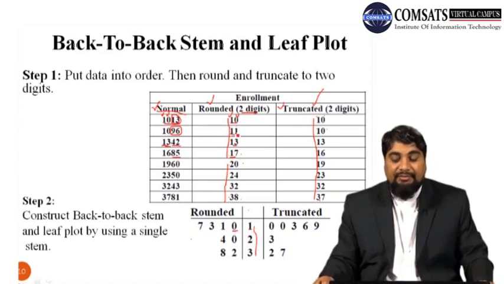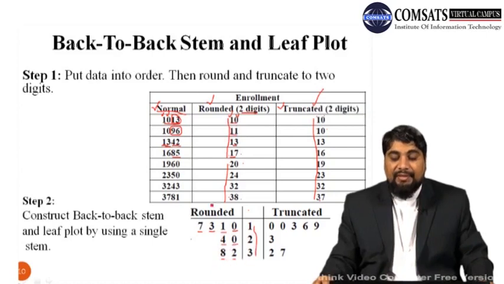In the number 11, 1 is the stem and the next 1 is the leaf. In number 13, 3 is the leaf, and in number 17, 7 is the leaf. Similarly 2 is the stem and 0 is the leaf, so 2 0, and next 2 4, 2 is the stem, 4 is the leaf. Next 32, so 3 is the stem and 2 is the leaf. Next 38, 3 is the stem and 8 is the leaf.